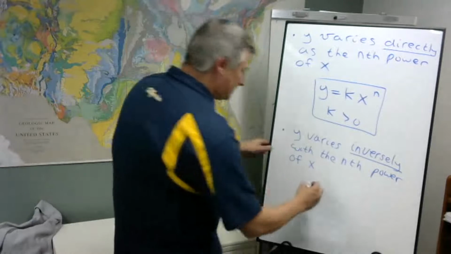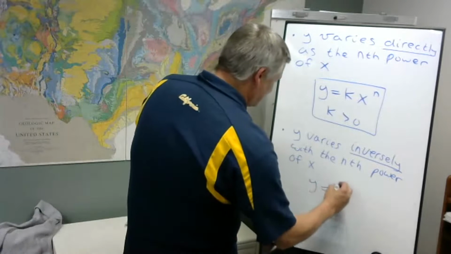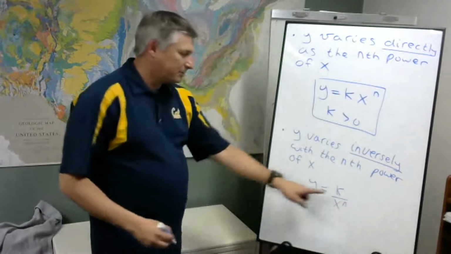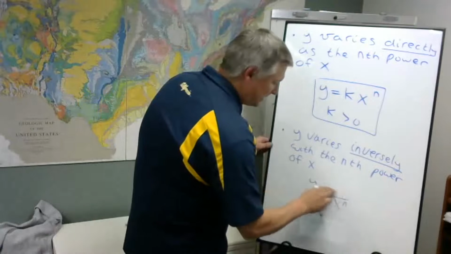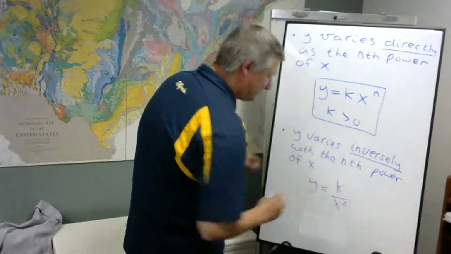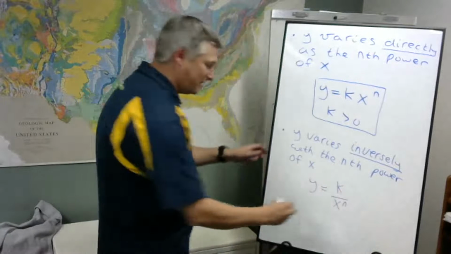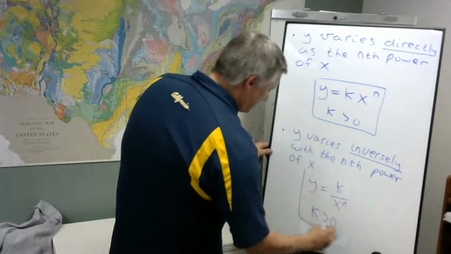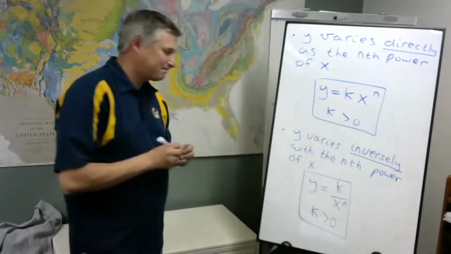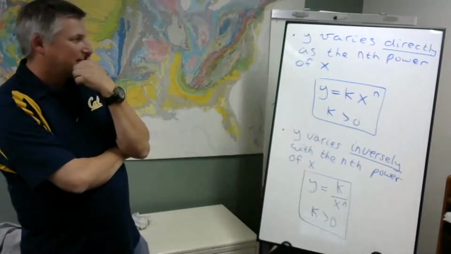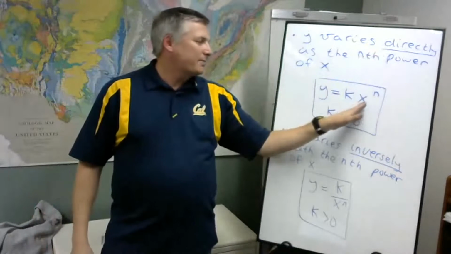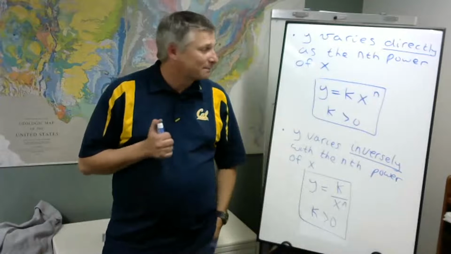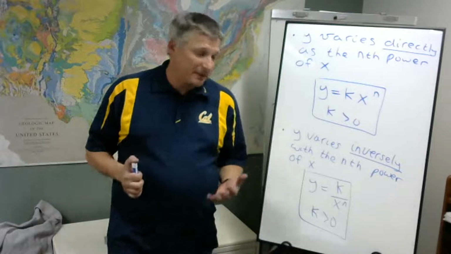So what that means, we have y equals k over x to the n, and again k greater than 0. So you can have a direct variation with the power of x. You can have inverse variation with the power of x. So let's do an example.